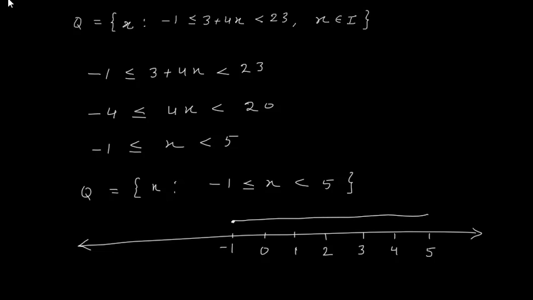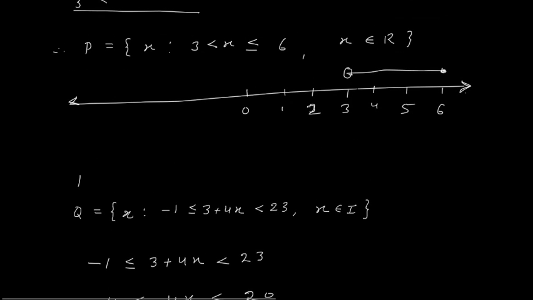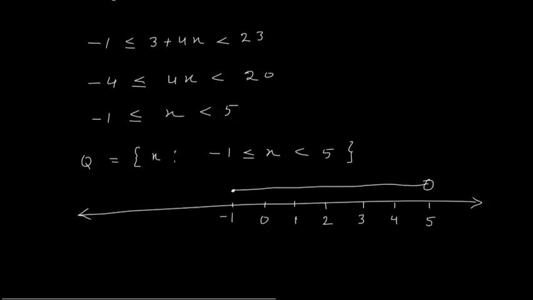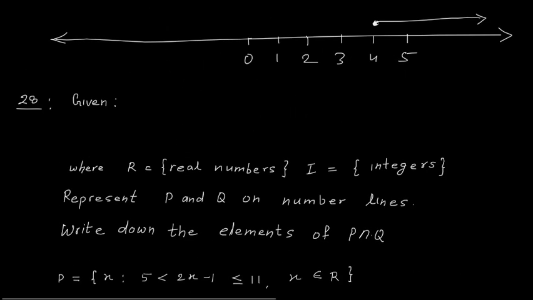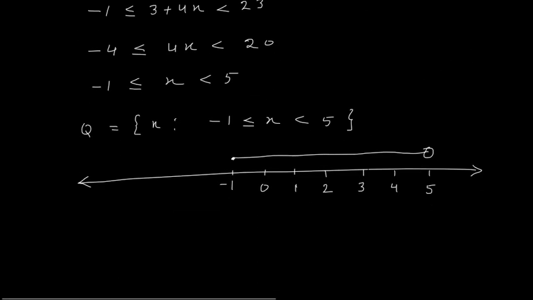So minus 1 to 5, 5 I will not include. So everything will be covered here in Q. Now I have this P which is starting from 3, and here it is starting from minus 1. Now we have to represent element of P intersection Q. Let us see what is common between P and Q.